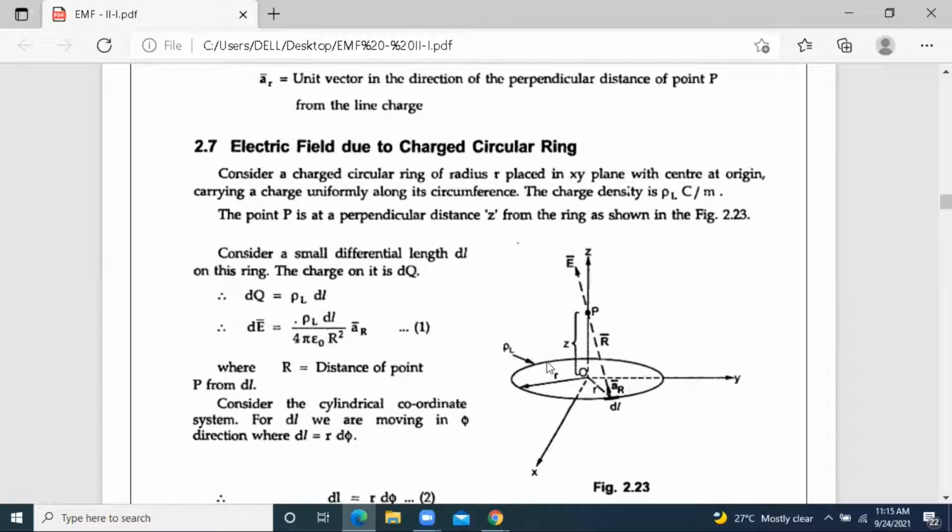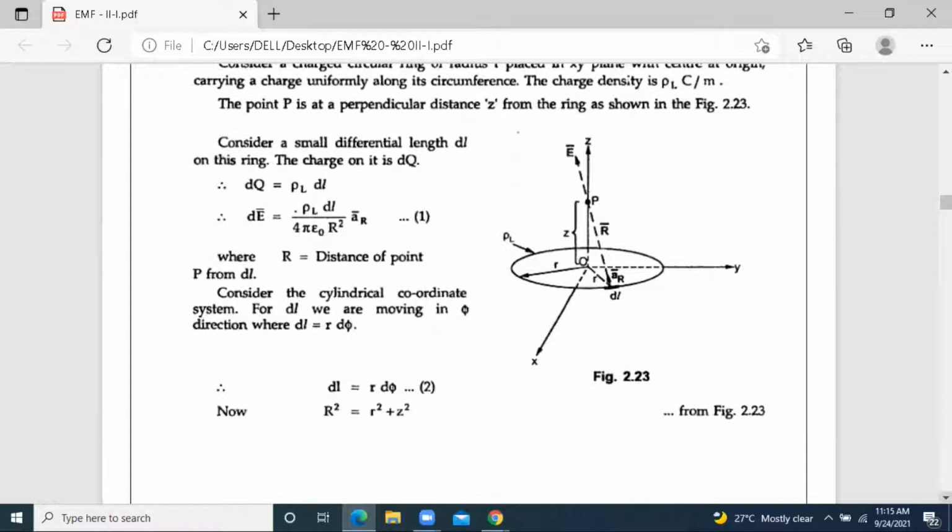We can consider it as a line charge with charge density rho L. So the total charge will be the charge density times the length. The length is 2 pi r. So dq is rho L dl. So your dE is rho L dl over 4 pi epsilon naught r squared, AR. Always remember the AR.